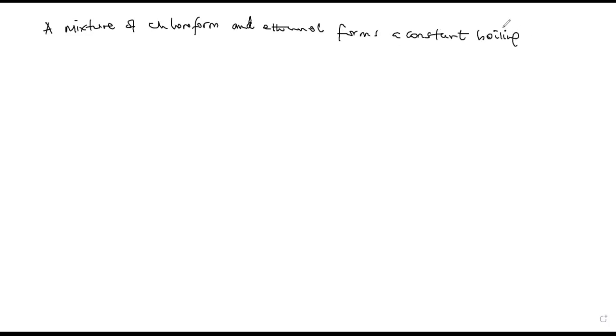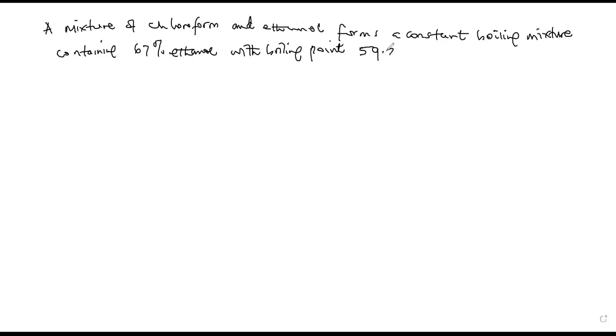If we have a mixture of chloroform, that is trichloromethane, and ethanol, it forms a constant boiling mixture containing 67% ethanol with boiling point 59.3 degrees Celsius.